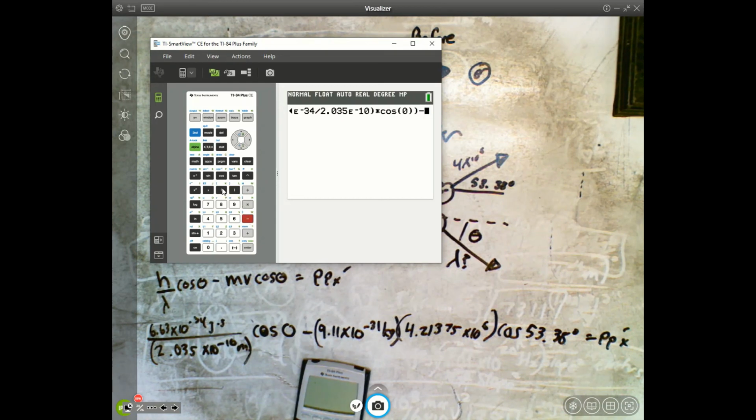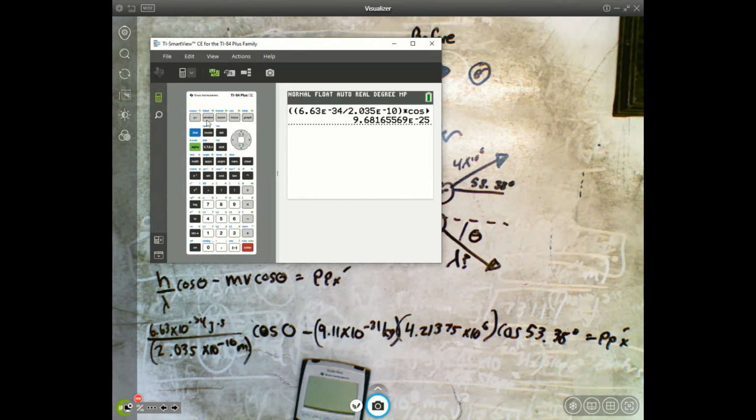And then I'm going to subtract 9.11 times 10 to the negative 31 times 4.21375 times 10 to the 6 times cos of 53.38, and then double bracket to finish. And if I type that all in correctly, cool, that's the momentum of my photon after in the x.